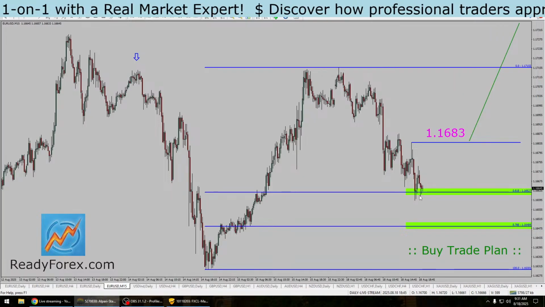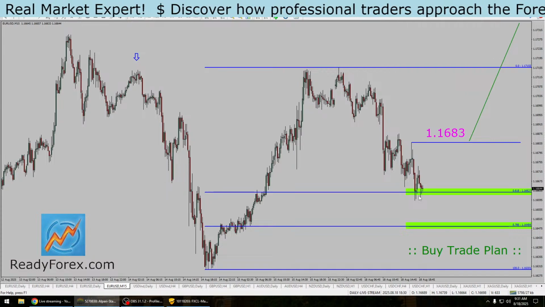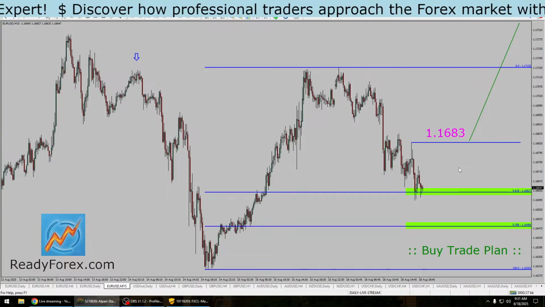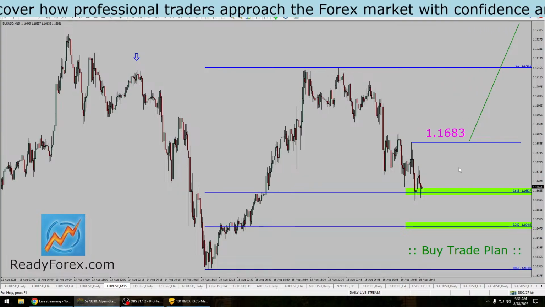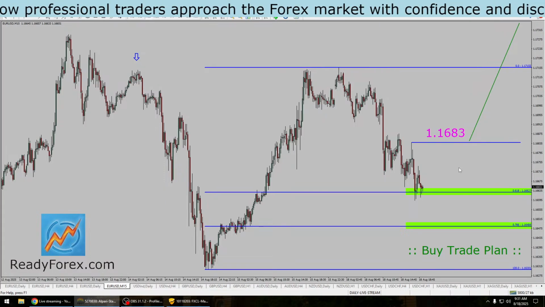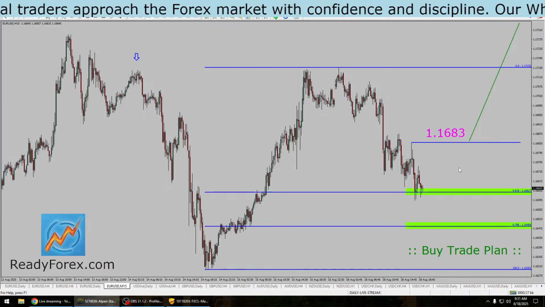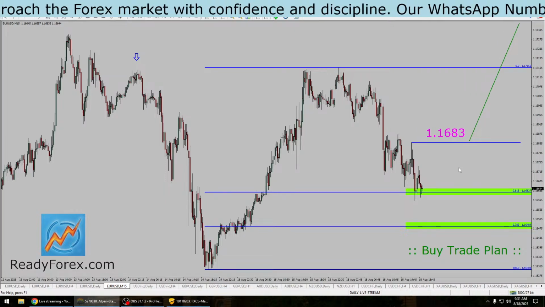Use your own day trading strategies and look for a potential buy trade setup inside euro versus United States dollar currency pair. And let's see what else we have.